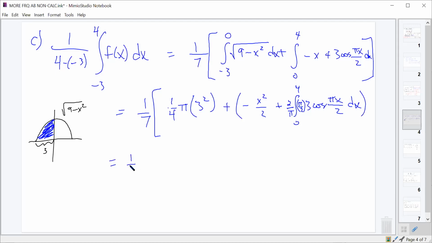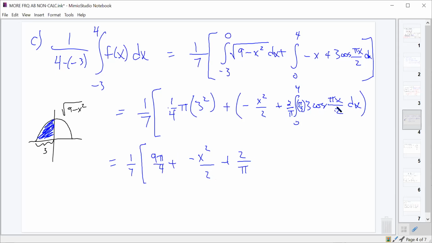So this will become 1/7 of 9 pi over 4 plus negative x squared over 2. And then we'll have plus 2 over pi. And then if we do this integral, this just becomes 3 cosine u, right?